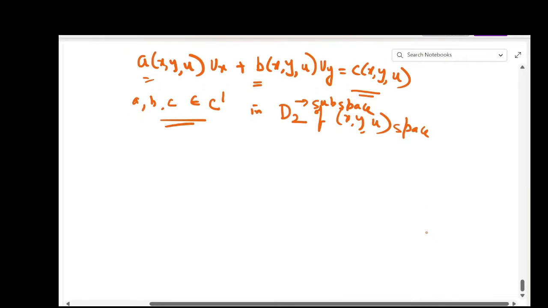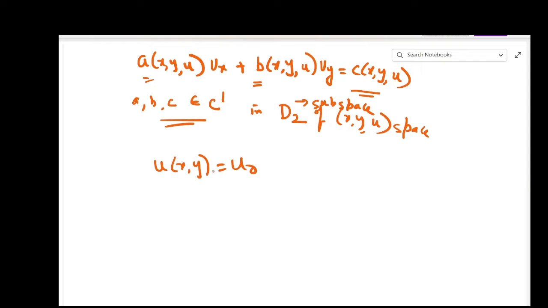So you can easily understand from here, first of all, irrespective of this PDE, if u(x,y) = u0 is any surface, then what are the direction ratios of the normal to the surface? They are nothing but ux, uy, and minus 1.